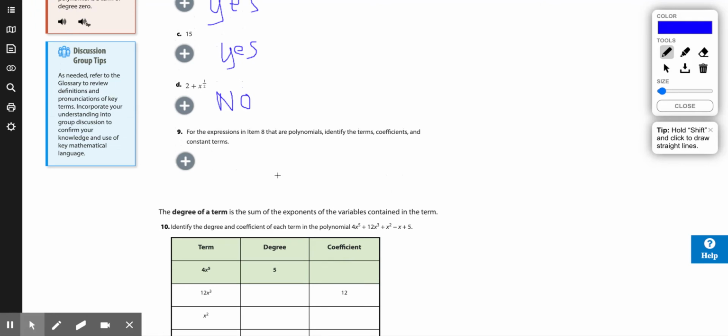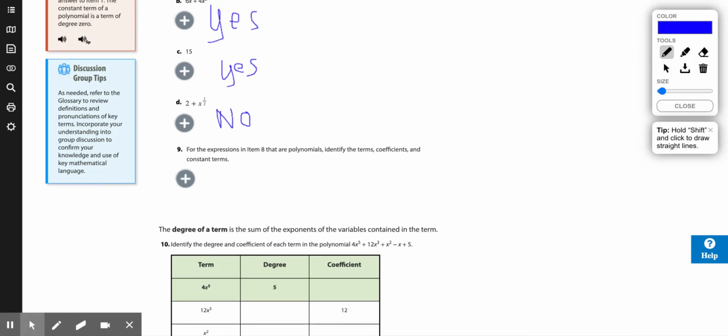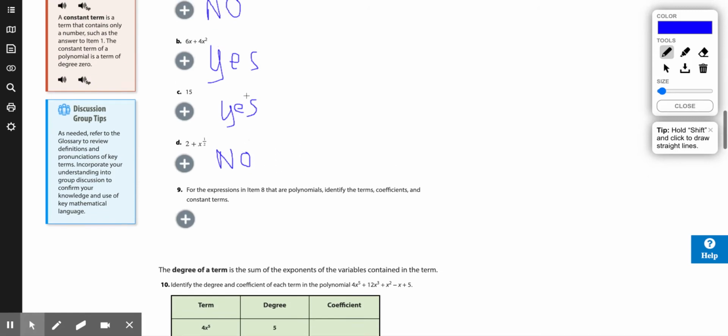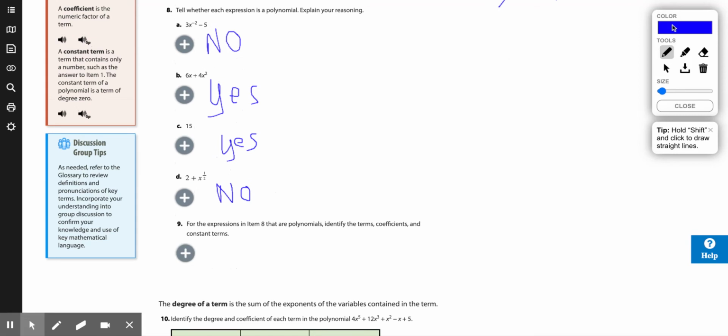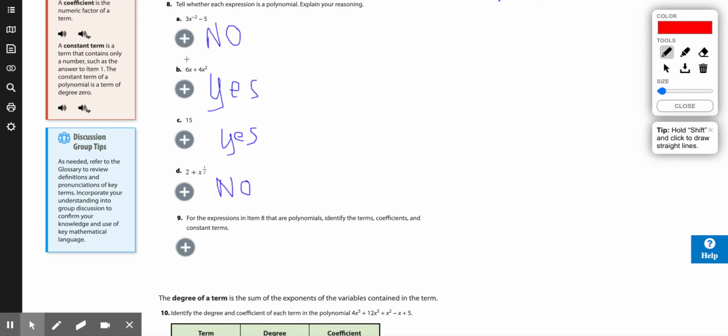For the expressions, let's see if we can identify the terms. I'm going to use a different color now. Back to red. Each piece is a term. The coefficients, I'm going to write C right here to save time. The coefficients would be 6 and 4.